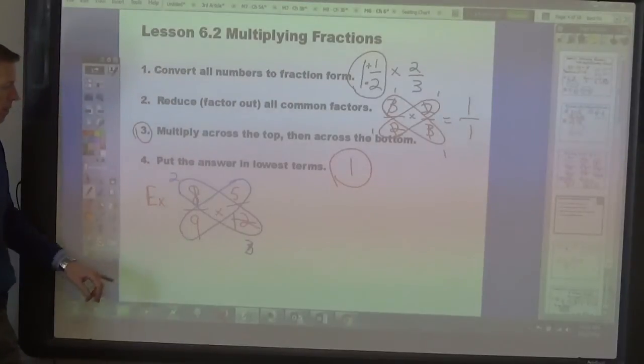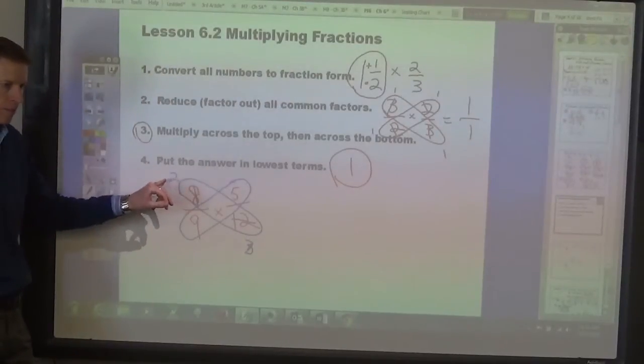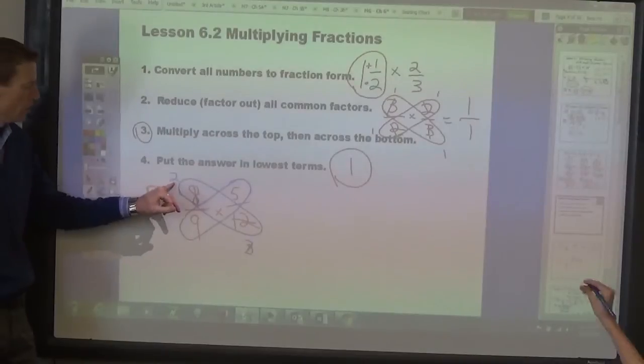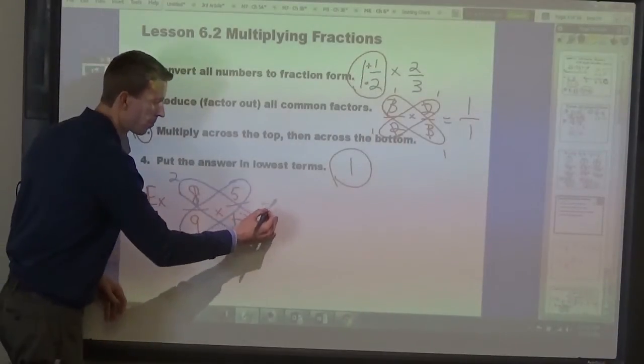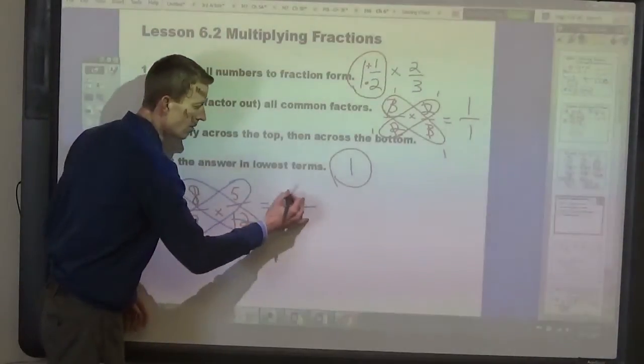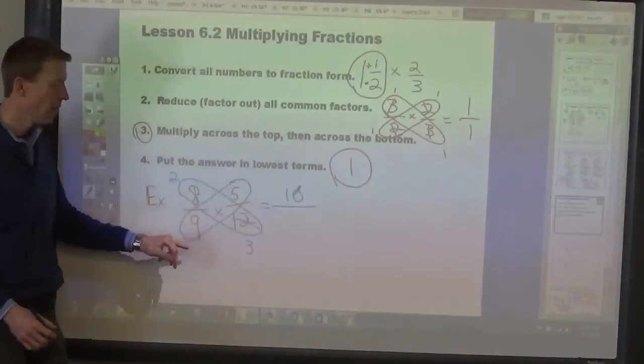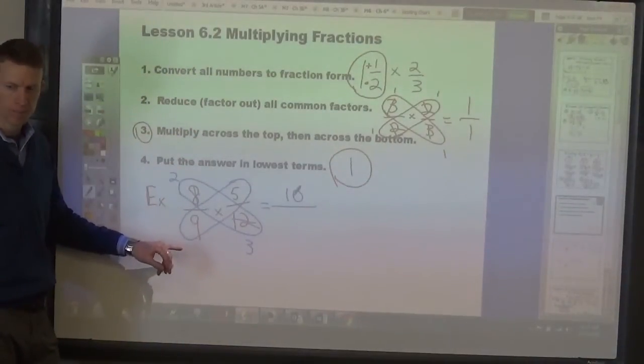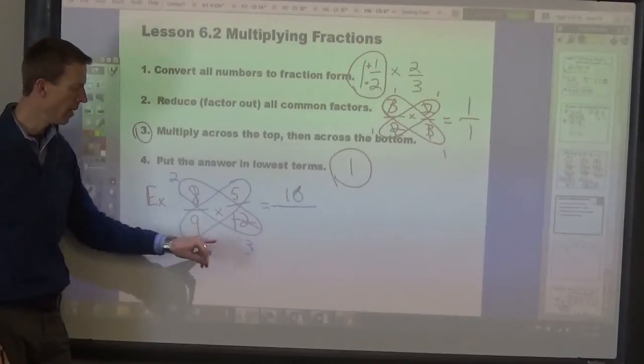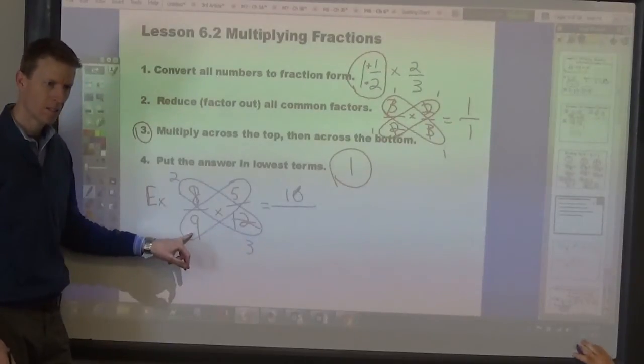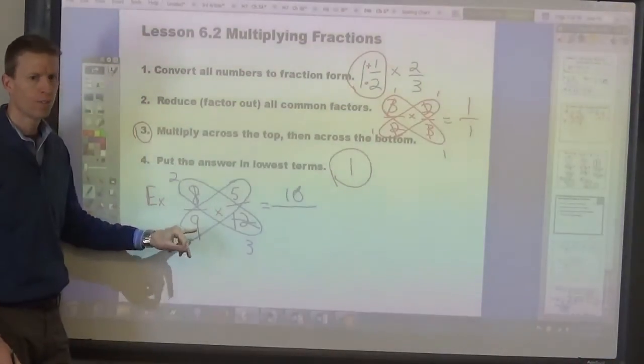So what numbers are left up on top? 2 times 5. And what numbers are left on the bottom? 9 times 3. Can we factor this? What's the rule for factoring?